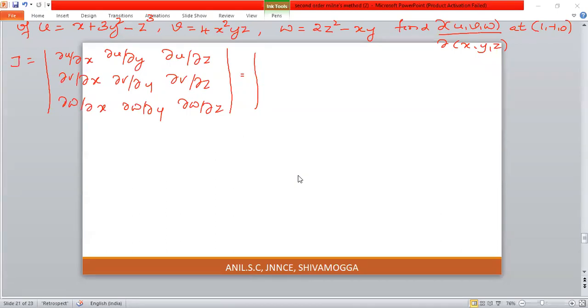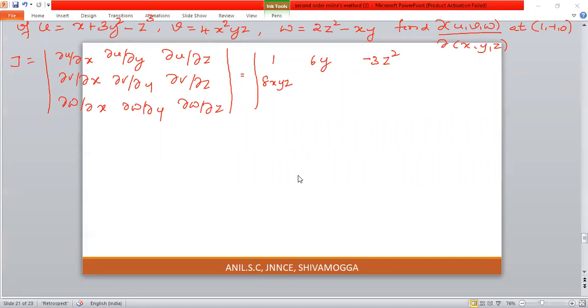Del u by del x is 1. Del u by del y is 6y. Del u by del z is minus 3z square. Del v by del x is 8xyz.